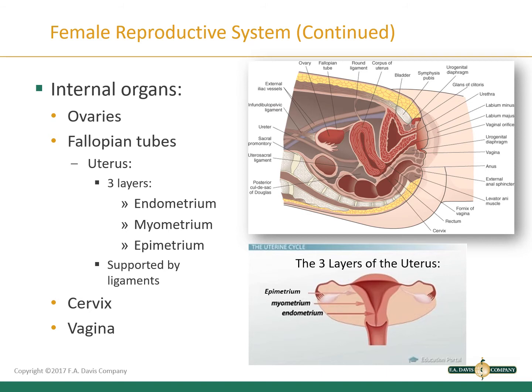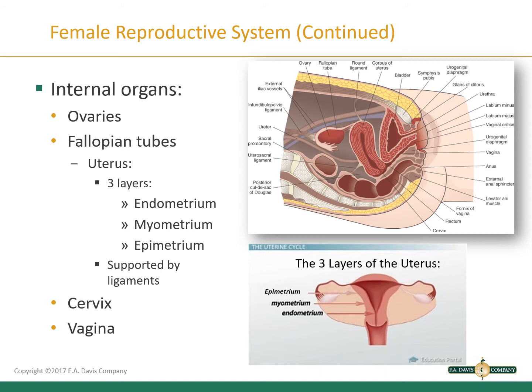Your fallopian tubes are attached to the uterus at one end, and at the opposite end, they curve over the ovaries with very fringe-like ends. The function of the fallopian tubes is to provide a channel for the sperm to travel, and it helps transport the egg into the uterus.